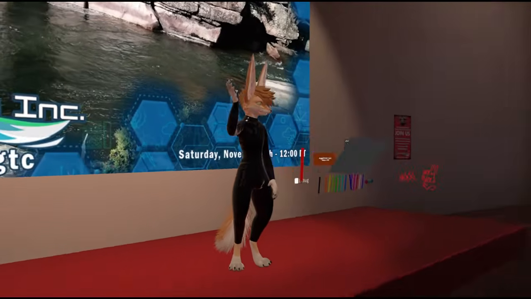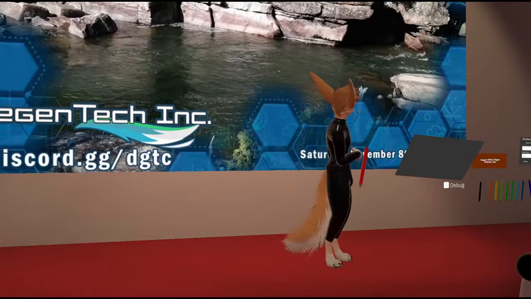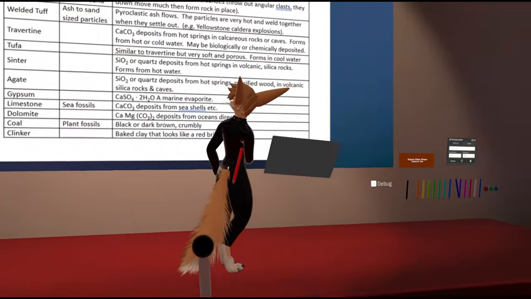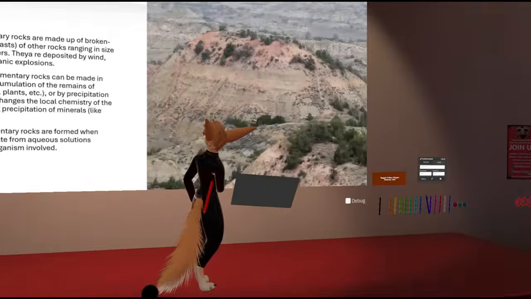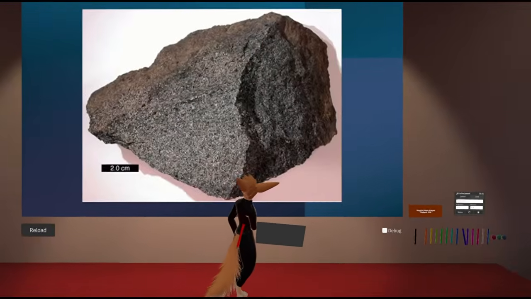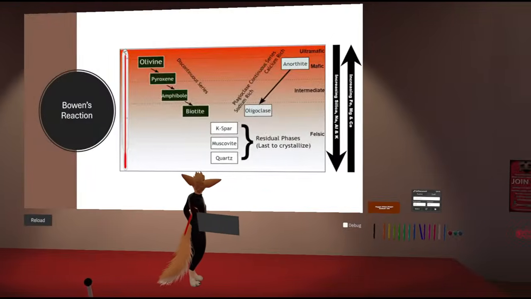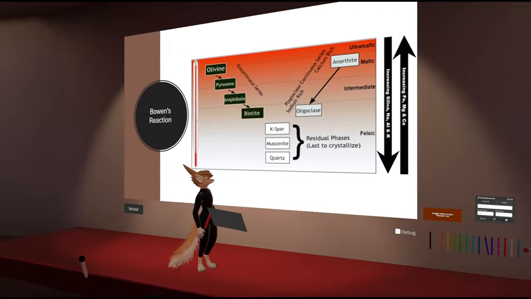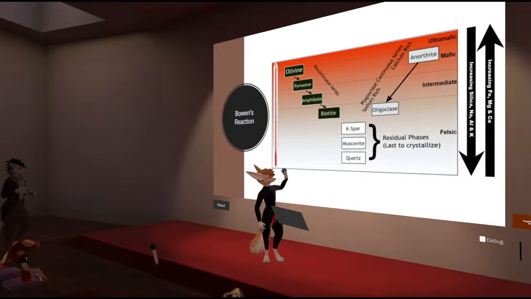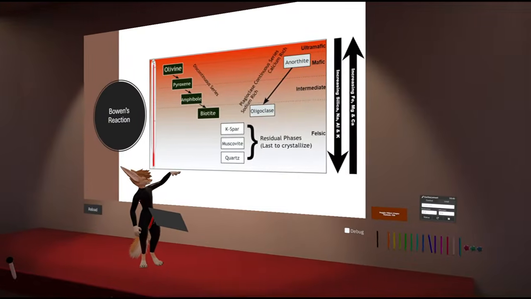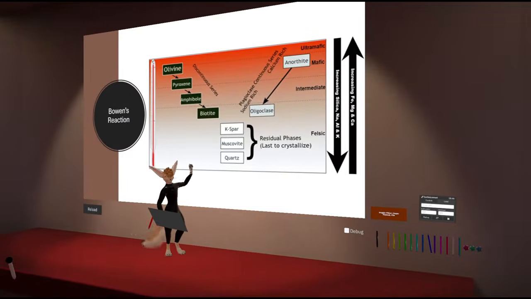But prior, actually, let me bring it back to that chart where it's talking about Norman. Good old Norman. There we go. Different sort of categories of rock, but it's very much dependent on the temperature and the composition of those melts.